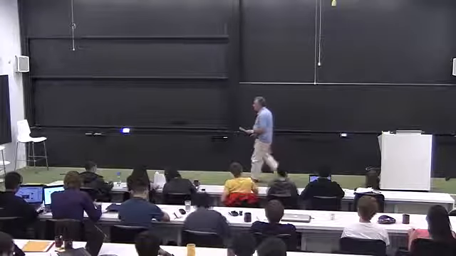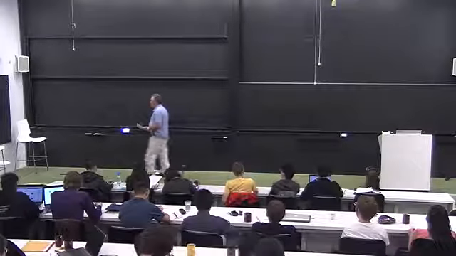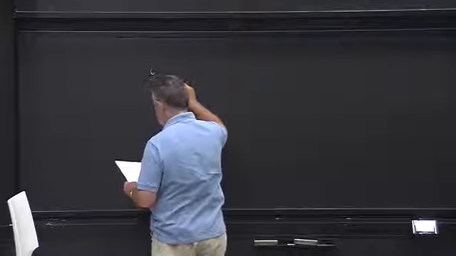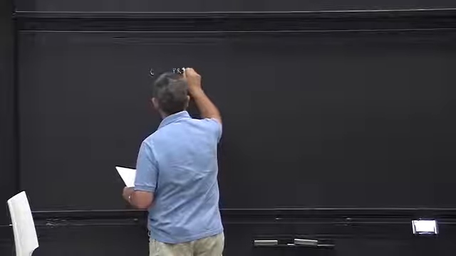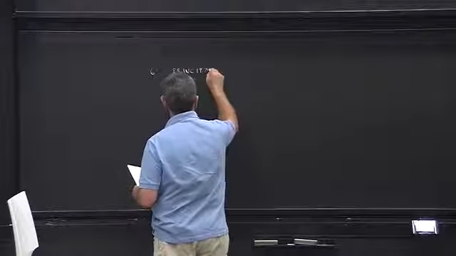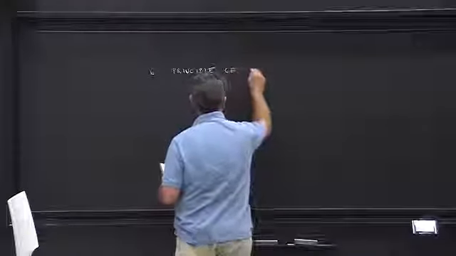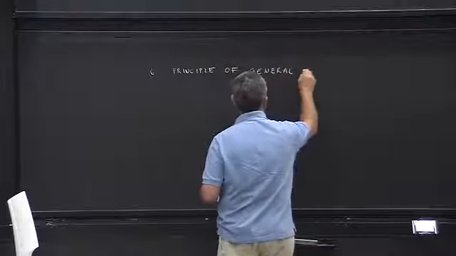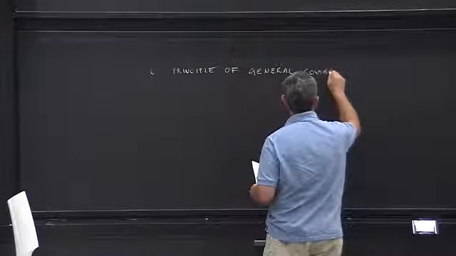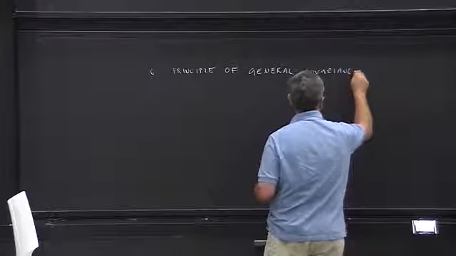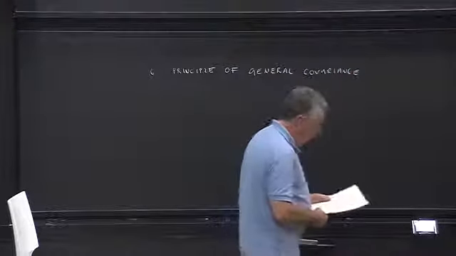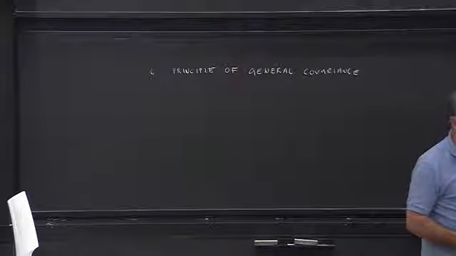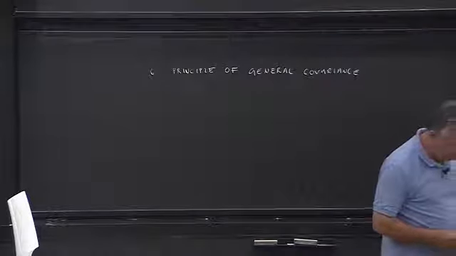And the next topic in tensors is the principle of general covariance. We're looking for equations that retain their form under some arbitrary transformation of the coordinates.